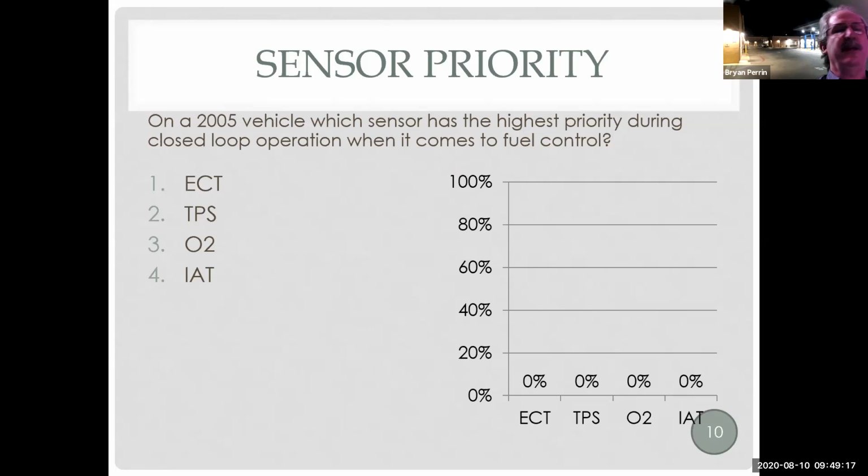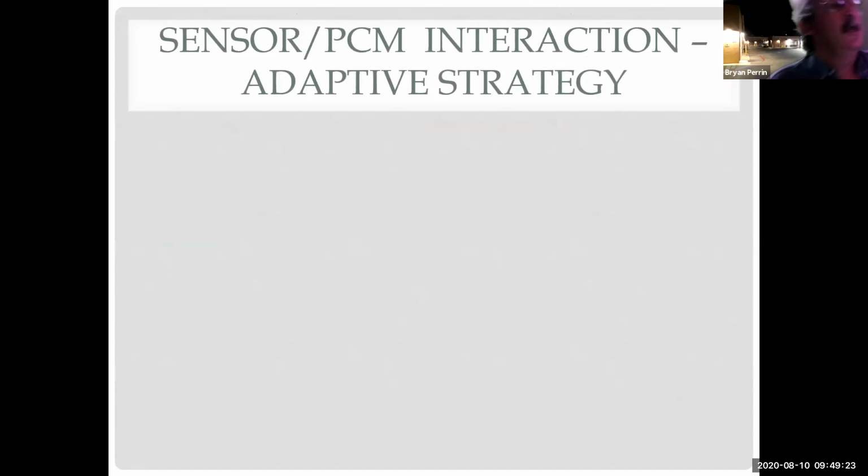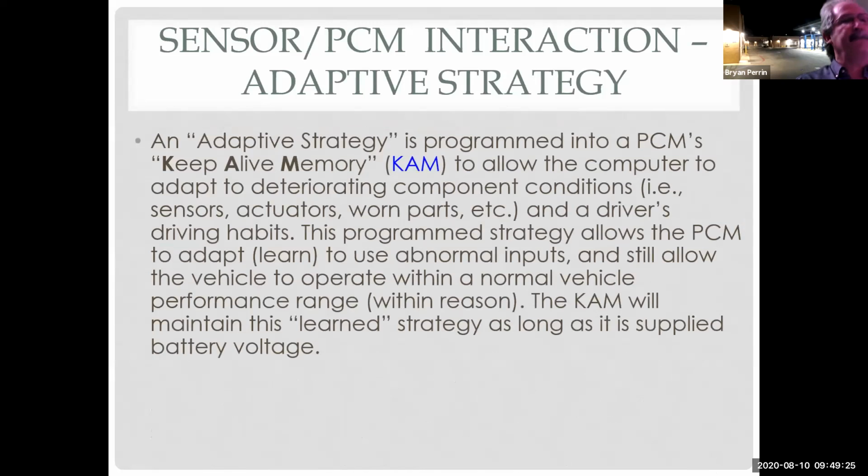So the PCM, one of the advantages we have with cars is they're able to learn. They store what they learn in what's called an adaptive strategy, and that adaptive strategy is in our Keep Alive memory. That's why my computer has to get battery power all the time, because that's what powers up its Keep Alive memory.